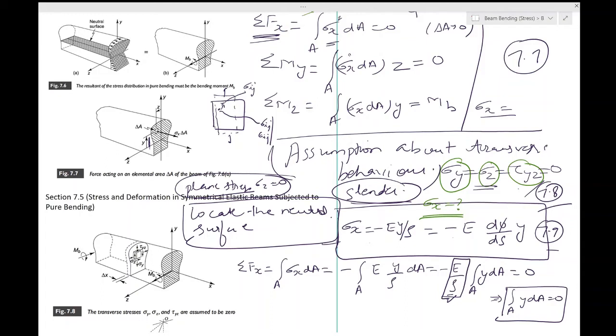Stated otherwise, the neutral surface must pass through the centroid of the cross-sectional area. And this is how I know that the neutral surface must pass through the centroid.